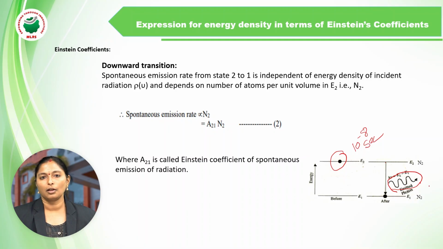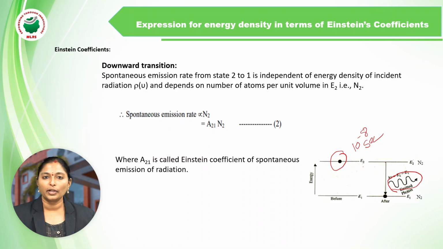It is non-coherent, it is divergent, with less intensity and brightness. Here, the process is from the second level to the first level, whereas in stimulated absorption, the process is from the first level to the second level.